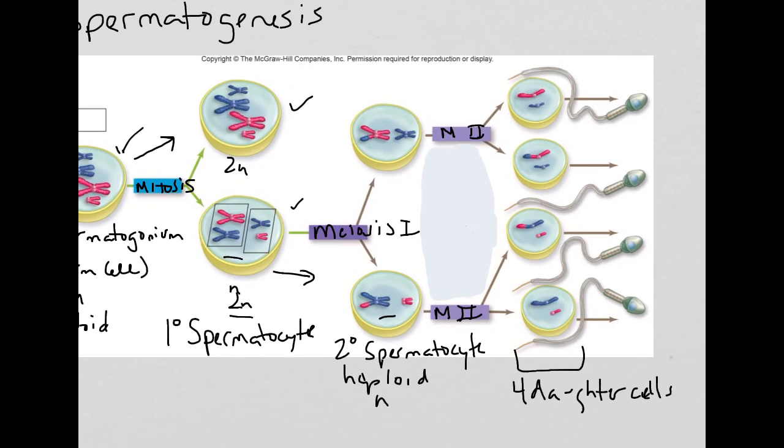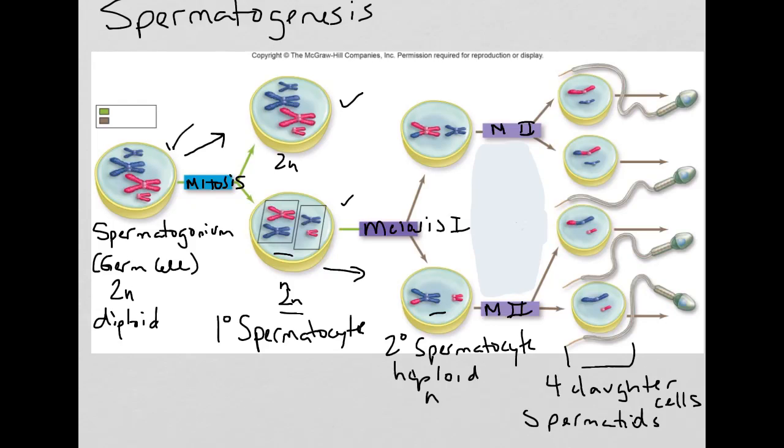They are unique. We will call the ones that have just finished meiosis 2 spermatids.